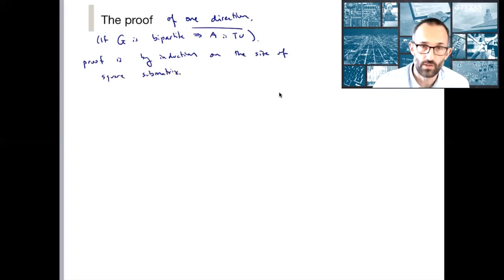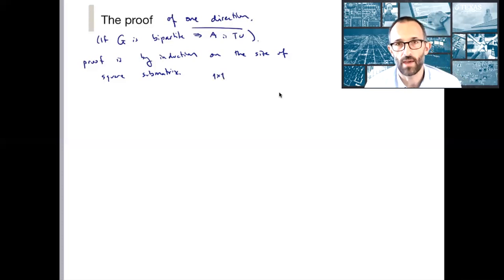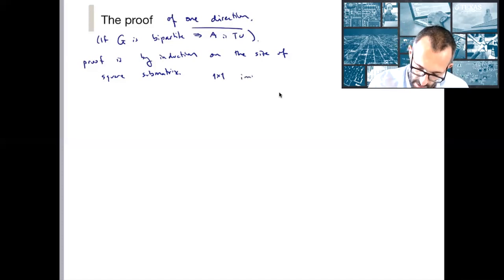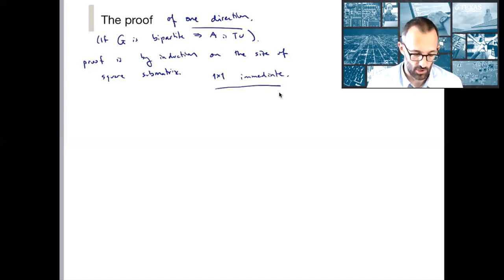In other words, our task is to show that every square submatrix of A has determinant -1, 0, or 1. Certainly for a 1 by 1 submatrix, we know that the elements of A are either 0 or 1, so this 1 by 1 case is immediate. This is the base case for the induction.